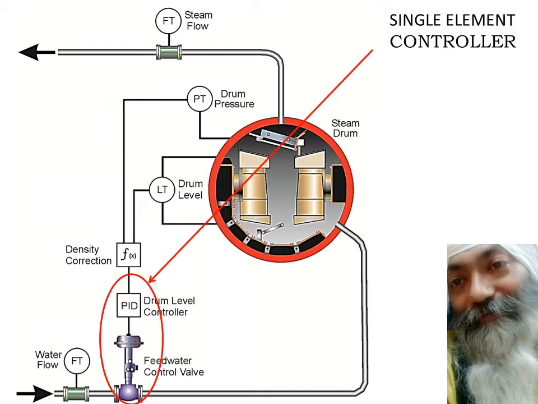Now we will go from single element to double element, we call it two element controller, and finally three element controller. We will see how our level control becomes more sophisticated, taking care of other kinds of disturbances as well as the inverse response.